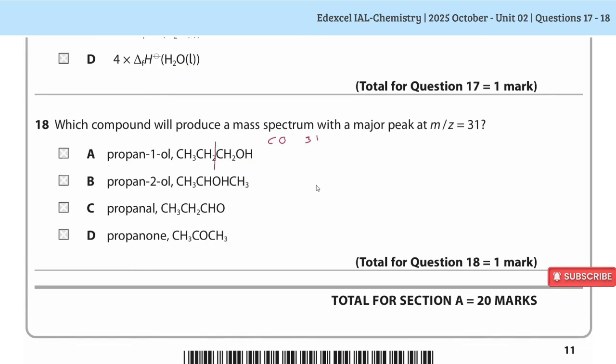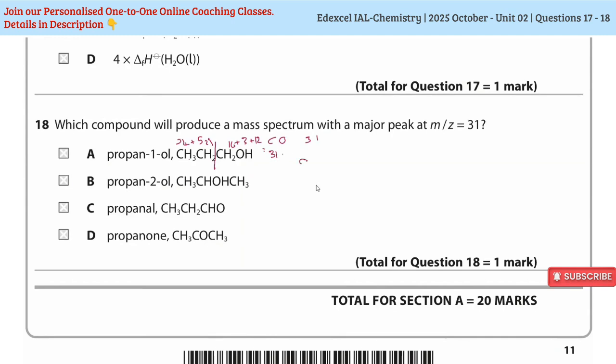So we can break this one in this position, and the mass of CH3CH2 is going to be 24 plus 5, which is 29. And here CH2OH, 12 plus 3 plus 16, which is equal to 31.